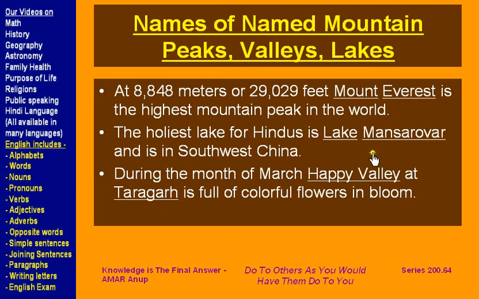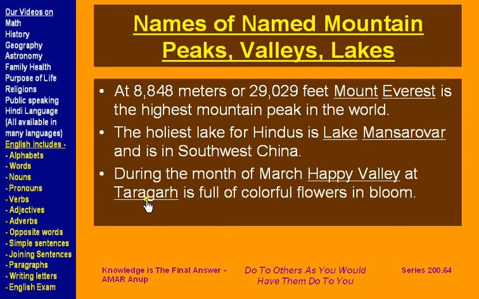Another example, during the month of March, Happy Valley at Taragarh is full of colorful flowers in bloom. Colorful flowers in bloom means the flowers are opening and they are beautiful. Happy Valley is a name of a small mountain, but it's a name, so H in Happy and V in Valley is capitalized.